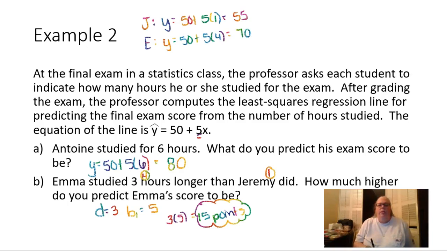And so the difference in their scores, 70 minus 55, will give us 15 points. So either way, we could have done this, and we got to the same conclusion. We're expecting there to be about a 15-point differential between the two scores.